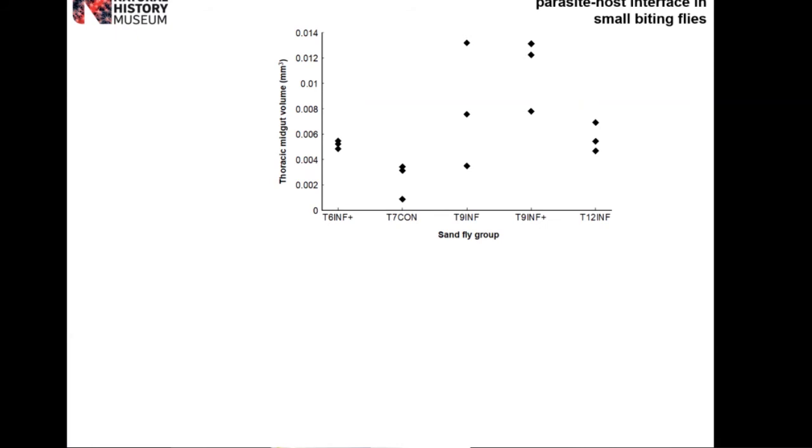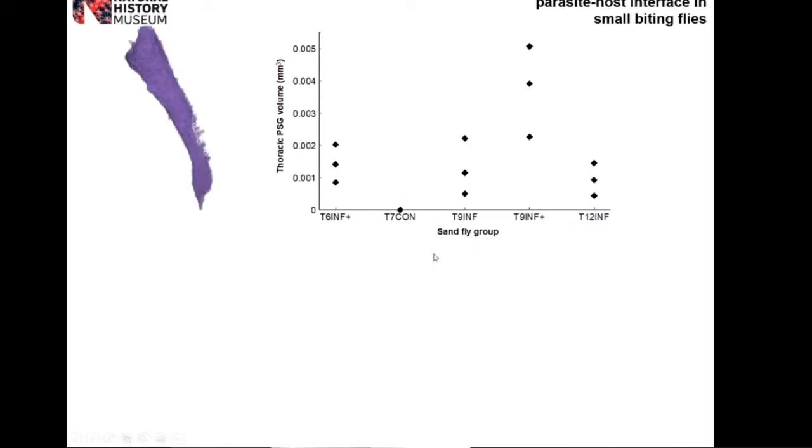Just a comparison of the volumes that we got from these flies. So this is the thoracic midgut volume, pretty low in the control flies, and also in one that's just been infected for 6 days. But the older infected flies have a more expanded midgut. But the effect of the infection itself, the gel, is even more evident when you just measure the gel itself.